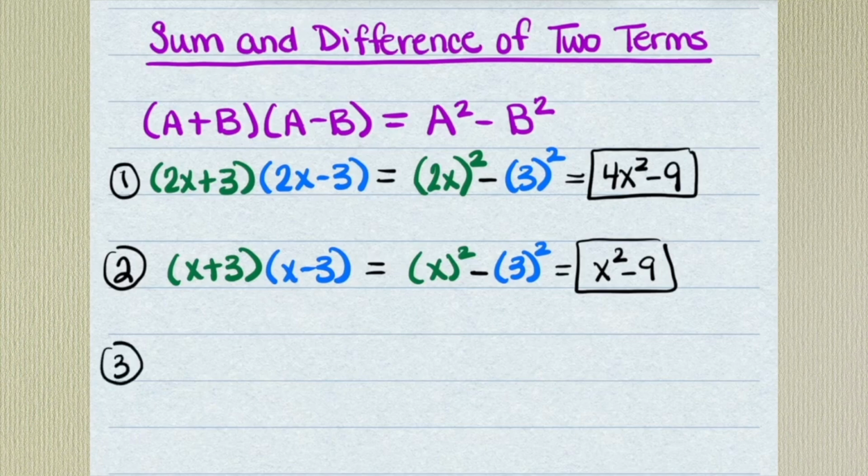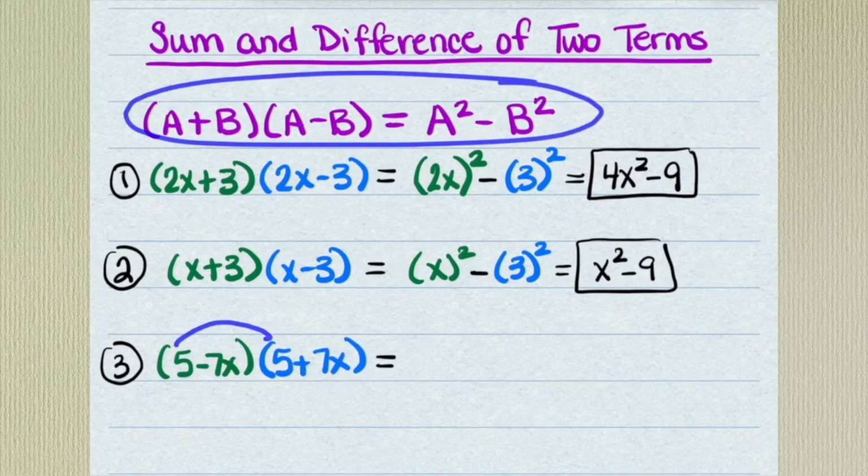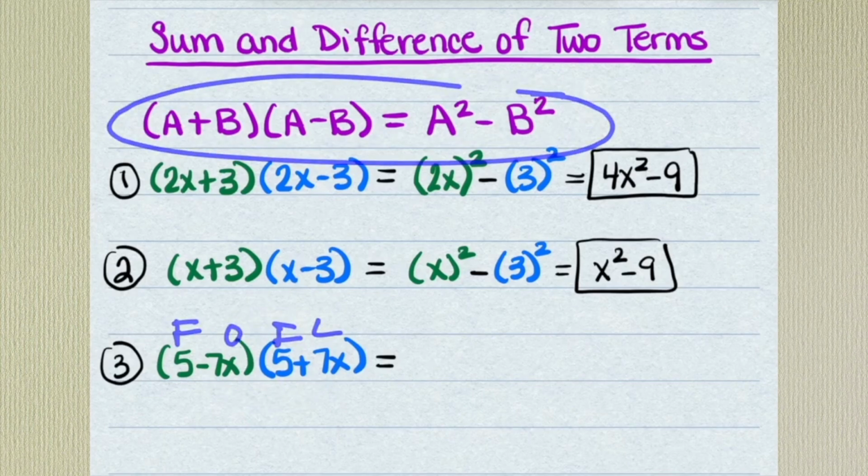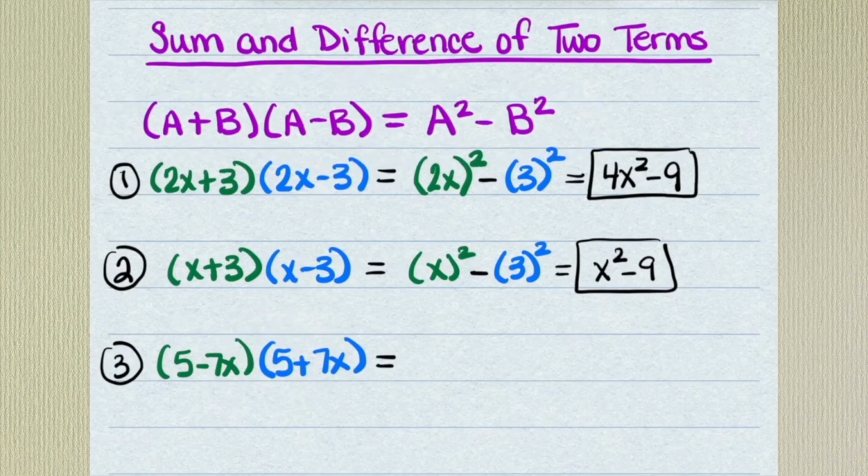Okay, let's look at this one: 5 minus 7x times 5 plus 7x. Oh, this is a good one. Notice the variable has just been flipped, but don't let that confuse you. If you don't remember this, use the distributive property or FOIL, or learn this, and it saves you so much time because you don't have to do that much math.